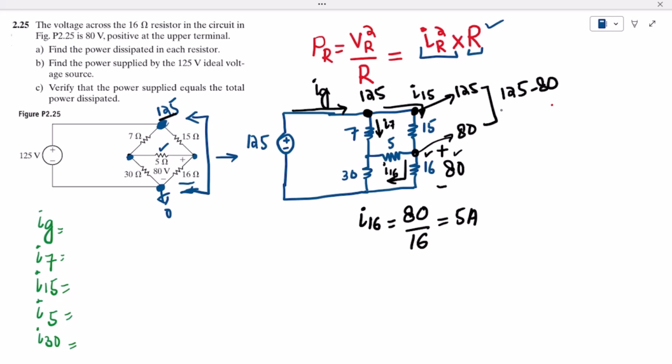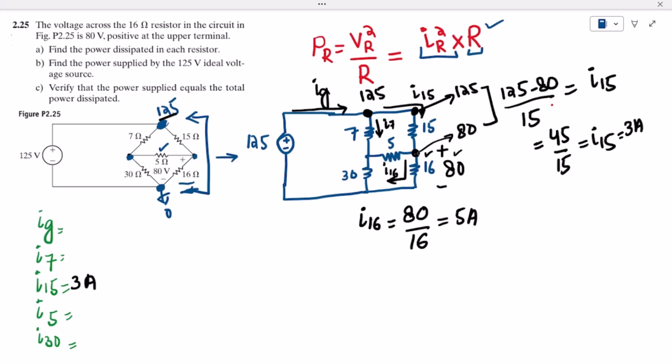As the potential difference is known, we can divide it over this 15 as well, and we will get the value of I 15. So it will be 45 divided by 15, that is I 15, and the value of it is 3 amps.